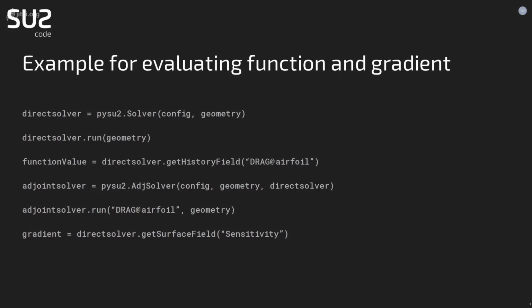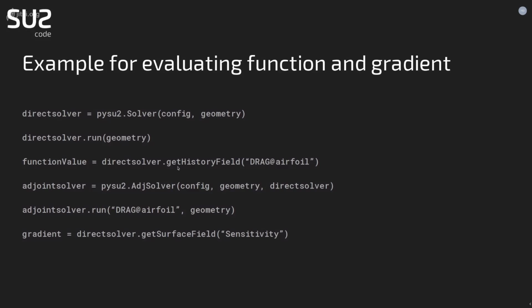You see my mouse pointer, right? You create just a solver, like it is in the C++ code actually at the moment. You have a config object and a geometry object, and you create a direct solver out of that. Then you run the solver, possibly also with the config.